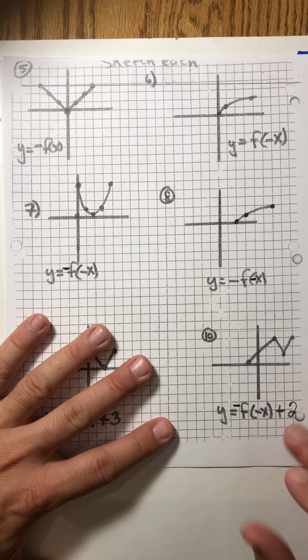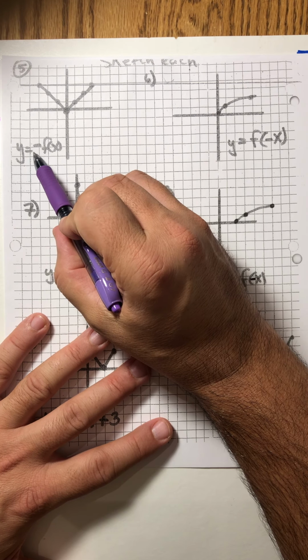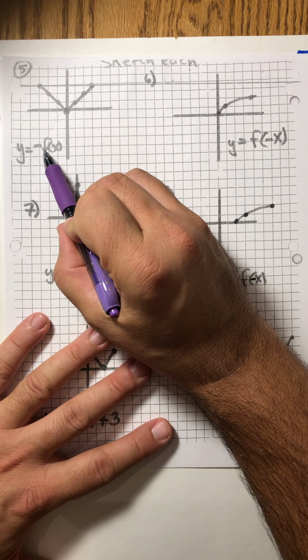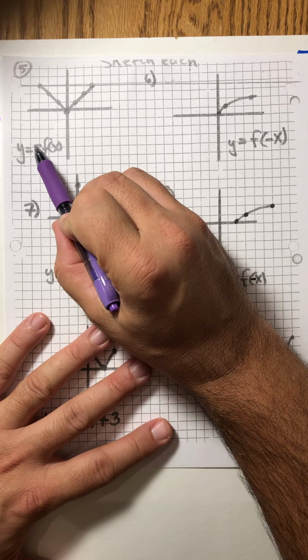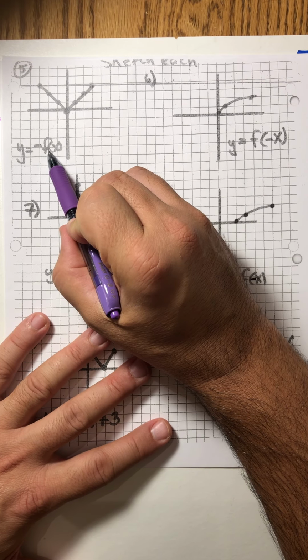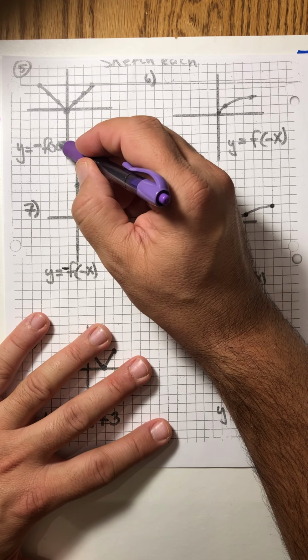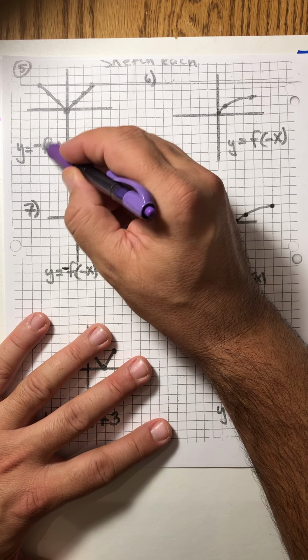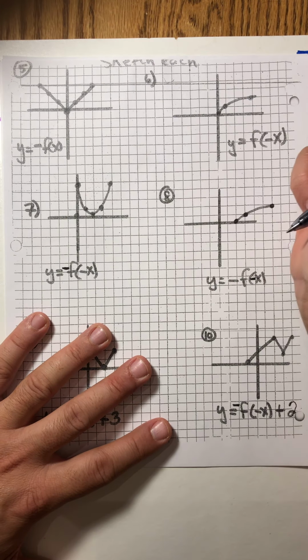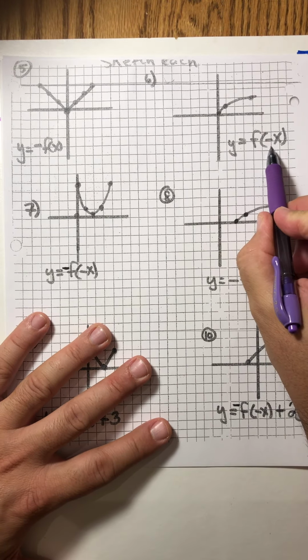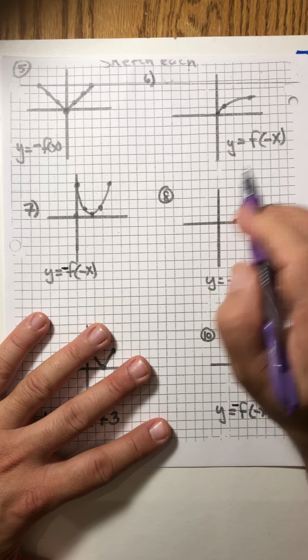Now, remember, this reflection right here says I negate the function. So in other words, I'm negating the y's. So this negative f of x means I take all of my y's and I negate them. I make them negative. What does this say? I take all of the x's and I make them negative. Okay?